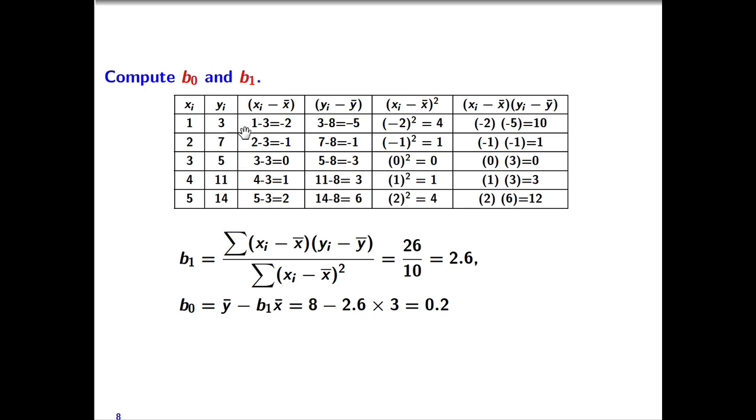For x1 is 1, so you have 1 minus 3 equal to negative 2, and then x2 equals 2, so you have 2 minus 3 equal to negative 1, and then 3 minus 3 is 0, and 4 minus 3 is 1, 5 minus 3 is 2.